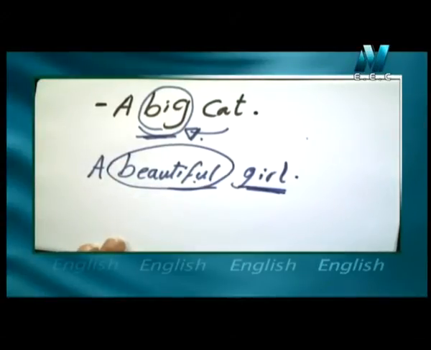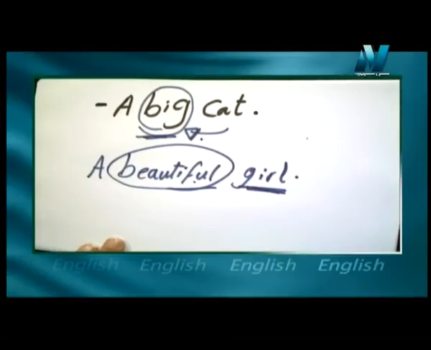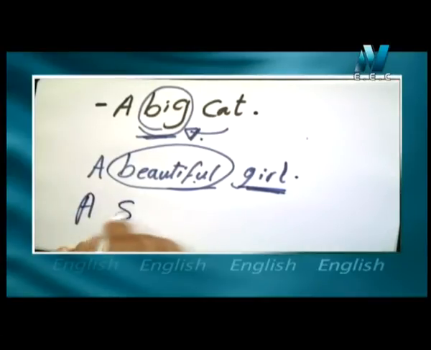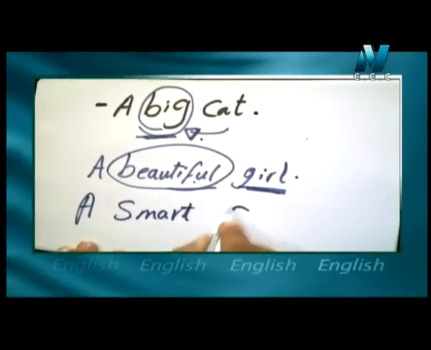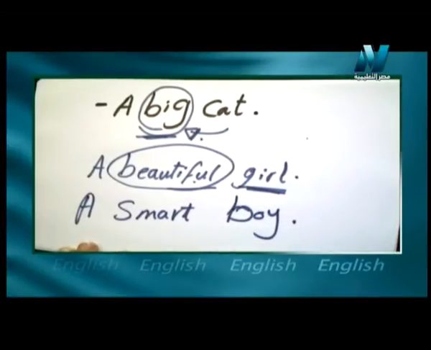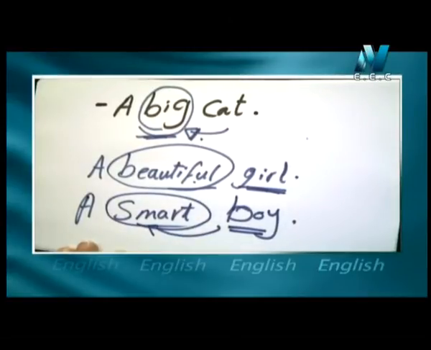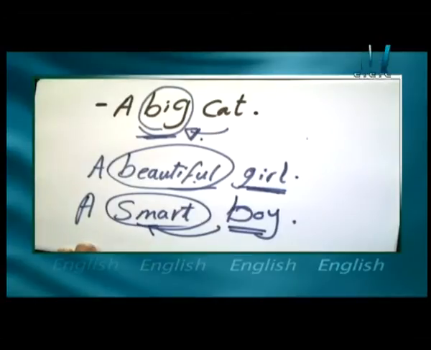I would put the adjective before the word I'm describing. I will put smart boy. I am describing the boy that he is smart, so I put the adjective before the word I'm describing. So the adjective is a descriptive word. I'm going to describe anything or anyone with this adjective. It can be in two places, either after verb to be or after look and seem, or it can be before the word I'm going to describe.